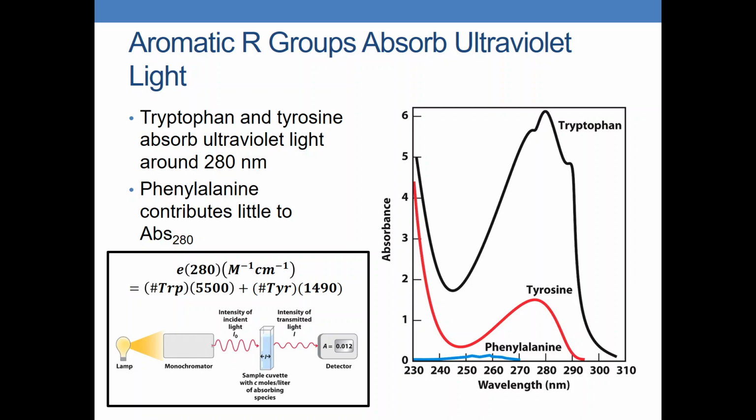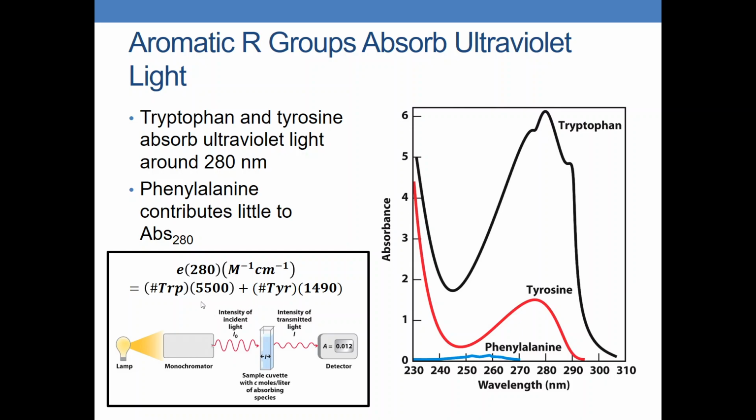Tryptophan also has a defined likelihood that is higher for absorbing a photon at 280 nanometers of light. And remember that higher number, that is higher relative to tyrosine. Phenylalanine has a nearly zero extinction coefficient at 280 nanometers. It doesn't really absorb light. It doesn't have a high likelihood of absorbing a photon of light at 280 nanometers.